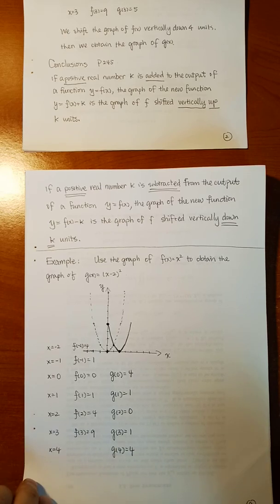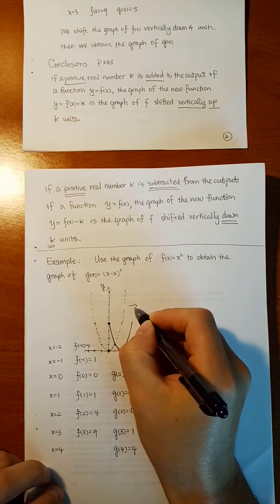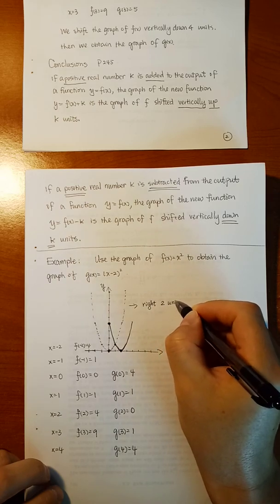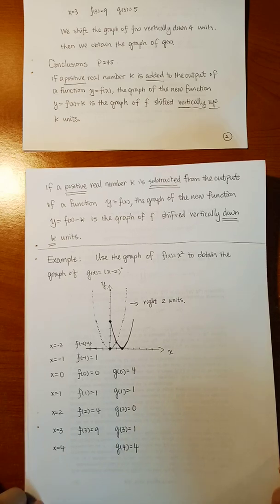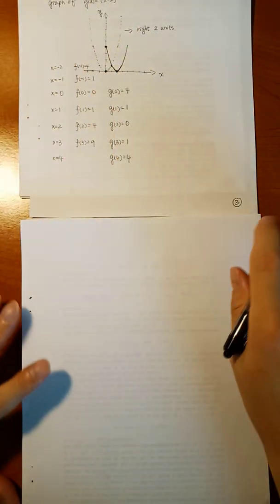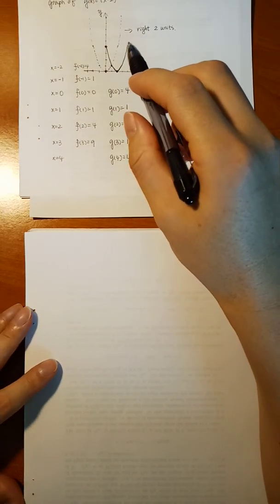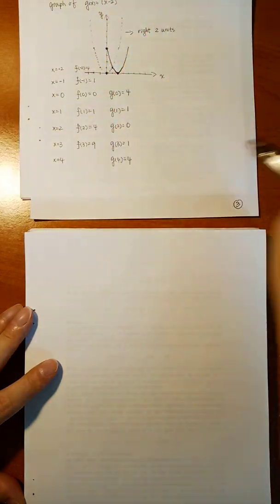This is one example. In order to get it, I just shift it right 2 units. If you get other points, you can make them identical. But here we just see the idea. So when you subtract 2 from x, you shift it to the right.